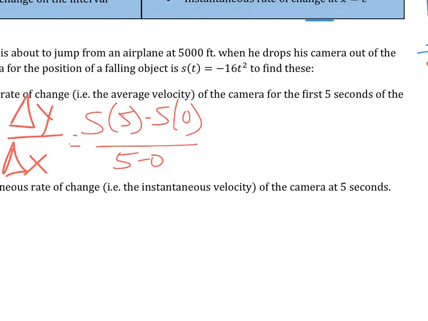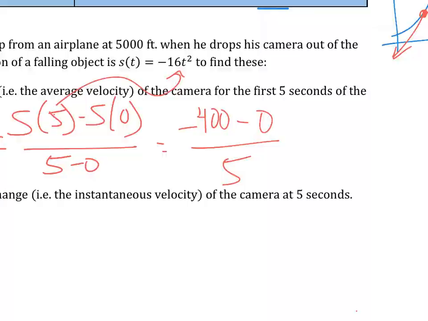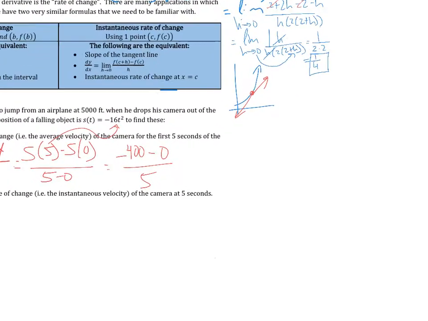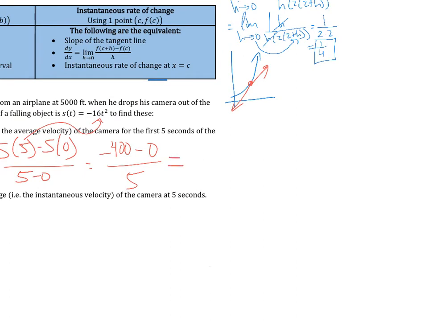So we know we went 5 seconds. And if we plug in 5 here to t squared, we have 25 times 16. All right, so that would be negative 400, and when we plug in 0, we get 0. So 400 divided by 5 would be 80, and the negative here means that we're just going down because we're falling out of the airplane.